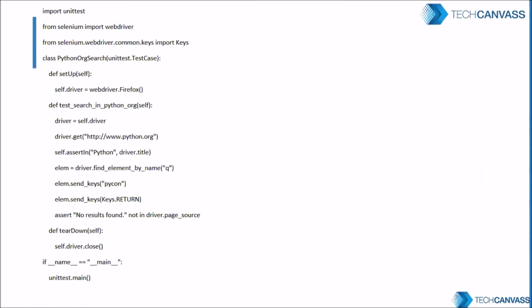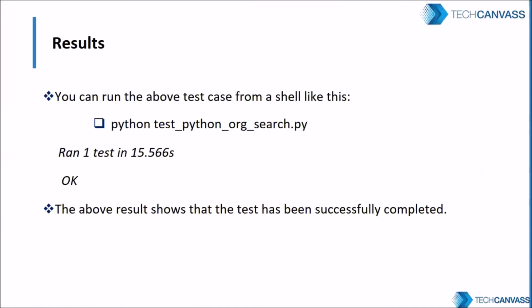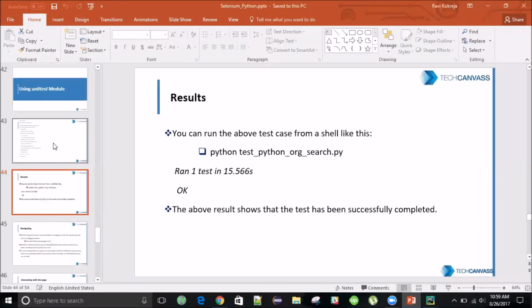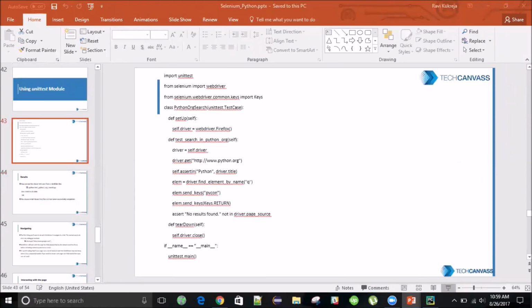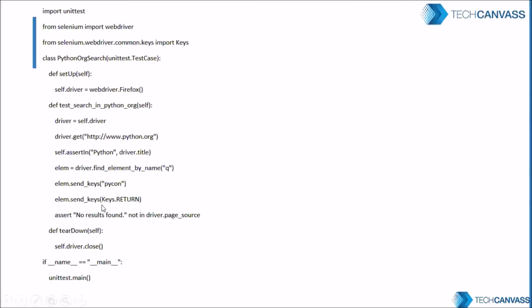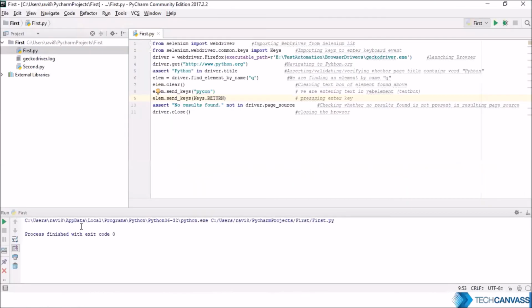Test means the actual test, which is this test search in Python. And tear down means closure activities which are needed once a test is executed. So I'll divide my test into three separate methods and I'll execute it using main method. Let us see in PyCharm. I'll describe that further to you.